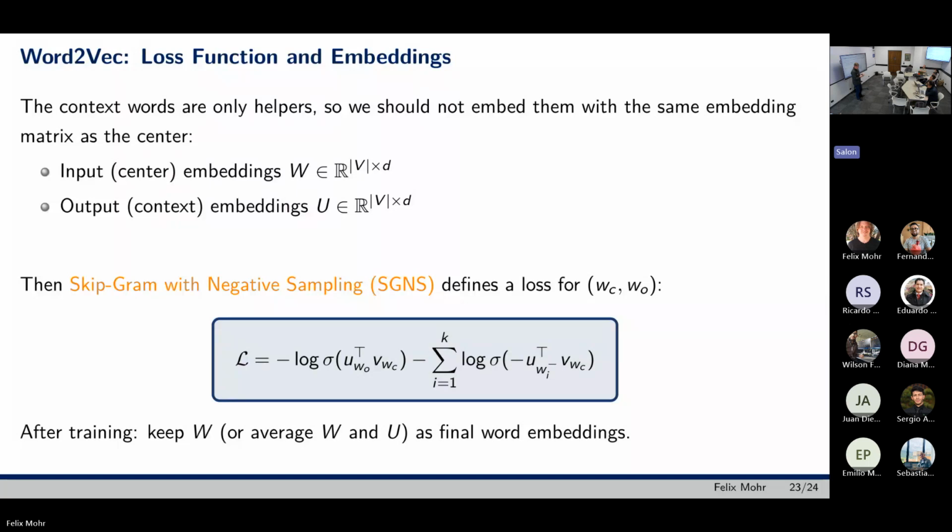Not at all, or at least not specifically. So we take the negative value of this, because now we don't want them to point in the same direction. We don't want a random word embedding to also point in the same direction as the center word. On the contrary, we want it to be somewhere else. And this is why we use a negation here.